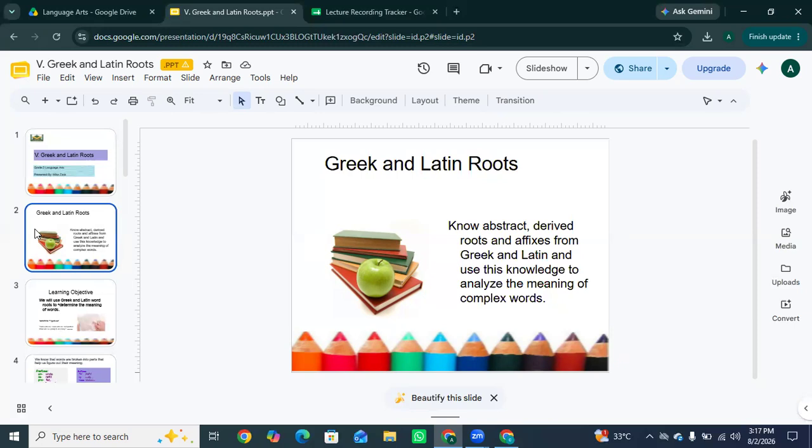For example, bio means life. So biology, biography, biodegradable, all these words are related to life.